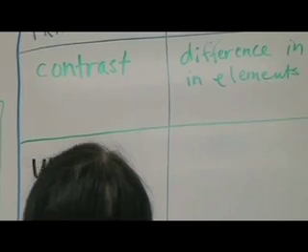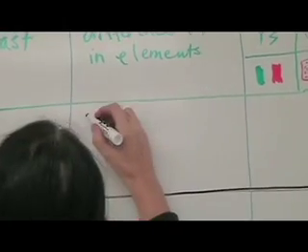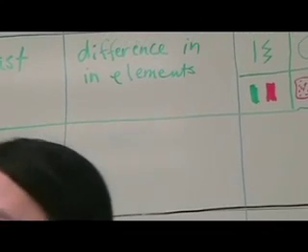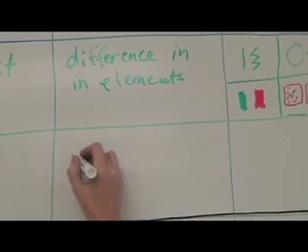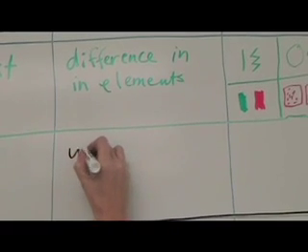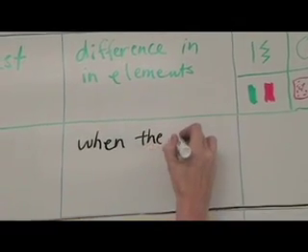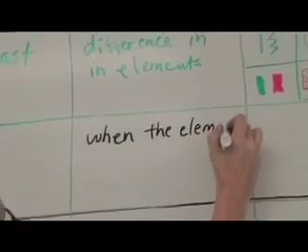What is it? The quality of fullness or oneness that is achieved through the effective use of the elements and principles of art. Okay, let's shorten that definition down a little bit. The quality of oneness. Okay, unity. When the elements, I'm going to make it simpler, when the elements go together.